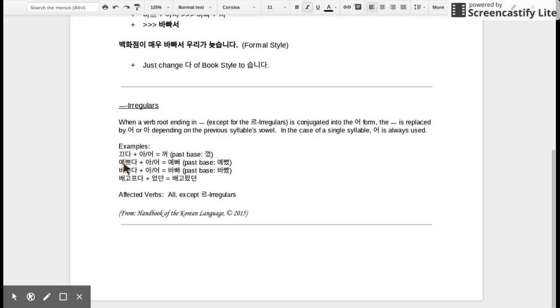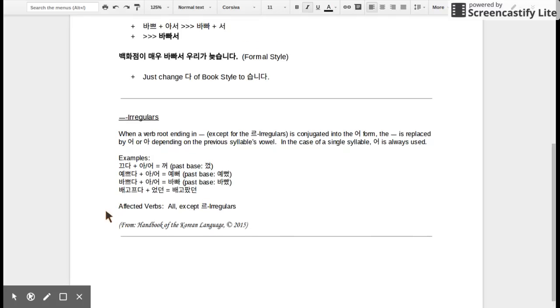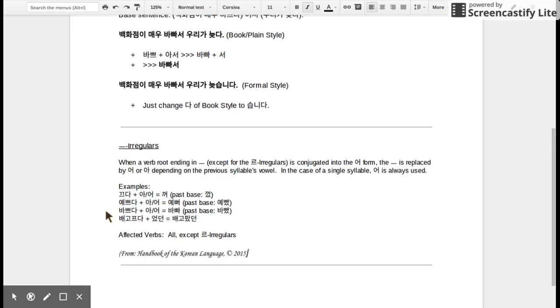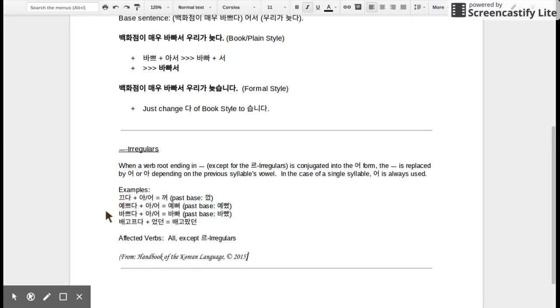So you look at the previous syllable. In the single syllable case, always use ah. Look at the previous syllable here, ya, you add ah, yapa. And what we just saw, ba, you add ah, baba. Okay? You might want to print that out or write it down to refer back to later. It can be a little hard to remember this stuff.